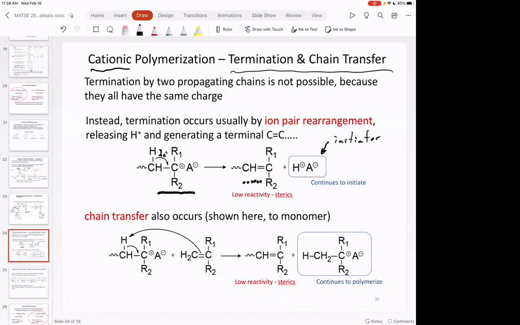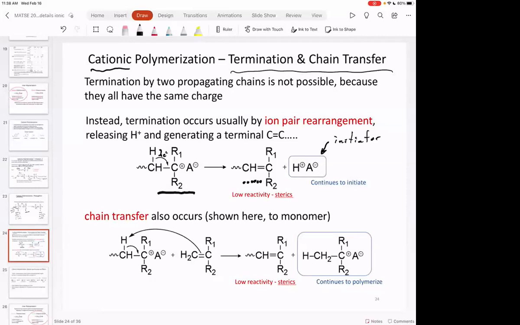That's really interesting. You notice that you only have double bonds at the chain ends, which means every single chain that's terminated is going to have a double bond. So you don't get a double bond and then a dead chain like you do with free radical polymerization disproportionation, because you move the proton over, you get one with the double bond and one without.